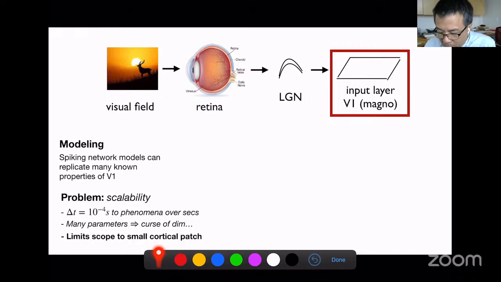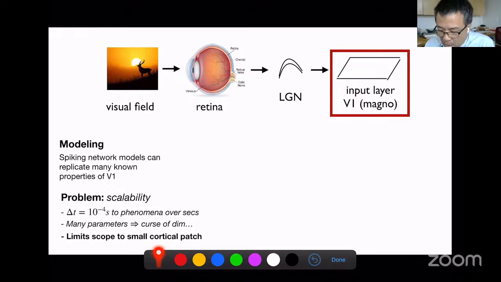Compounding that, in biology there are often unknown parameters, and one of the things we like to do with models is explore the parameter space. All of you know about the curse of dimensionality: the complexity grows exponentially with the number of dimensions, and all of this limits the scope of these very detailed models to small patches of the cortex.